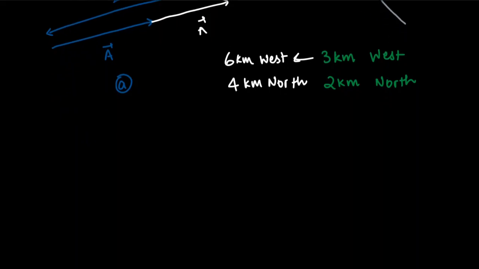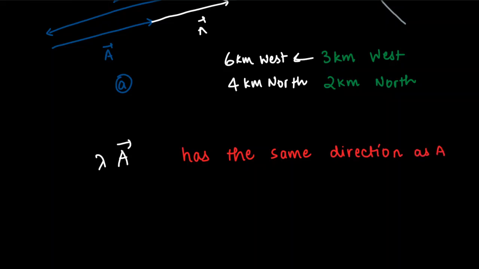And in general, if you multiply a scalar lambda with a vector a, you get a vector lambda times a, which has the same direction as a, but has lambda times the magnitude.